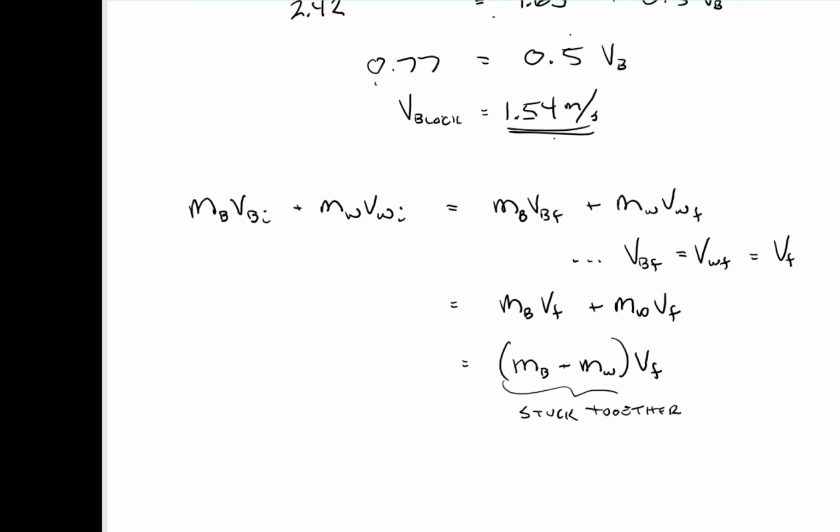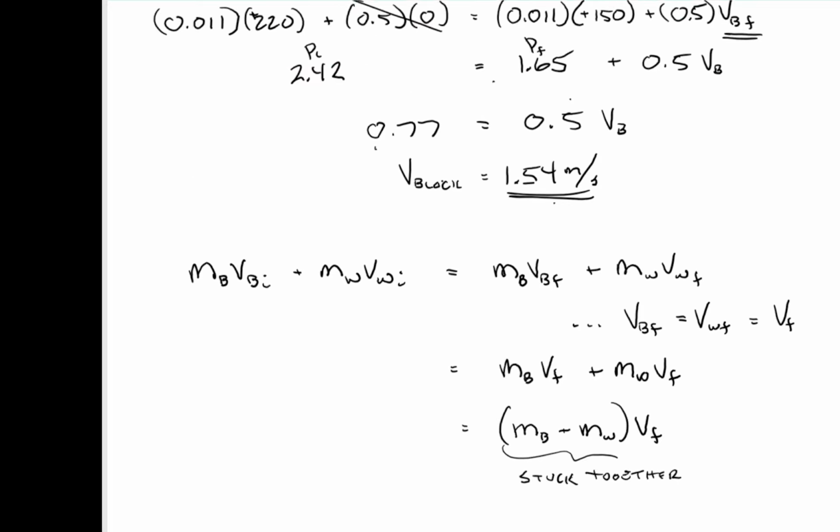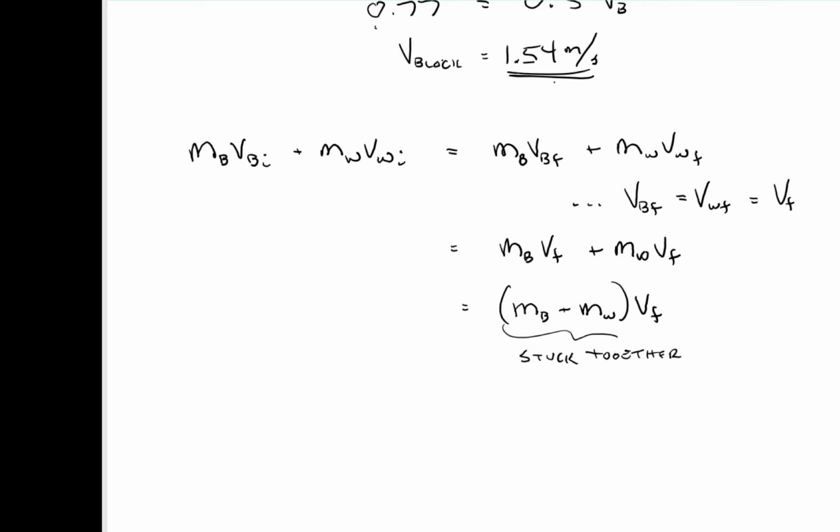And so now I can start plugging in numbers. The left side of my equation hasn't changed from above. It's still the same original momentum, so I'm just going to carry that number down that we already calculated. But now I'm going to add the mass of the bullet plus the mass of the block and multiply it times their final velocity. So I'm going to get 2.42 as the total momentum of the system.